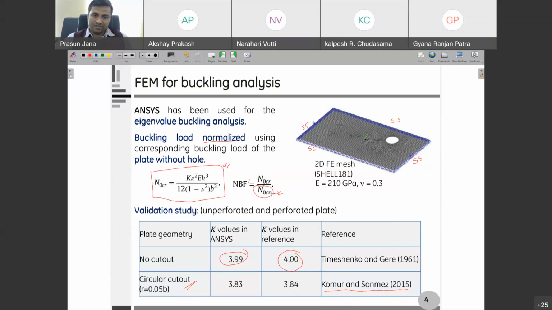Then you take some circular cutout and change its location. This N0 critical will actually change because of the placement of the cutout at different locations, and that way the normalized buckling load will also vary. So we try to see which location gives the maximum.